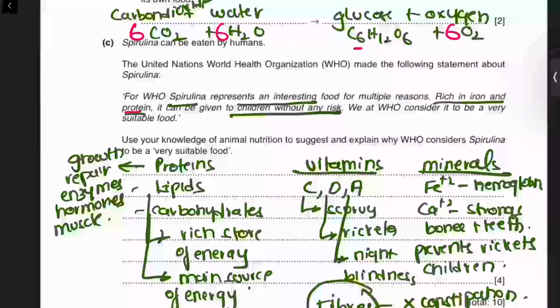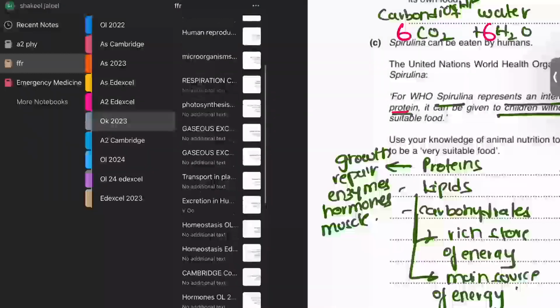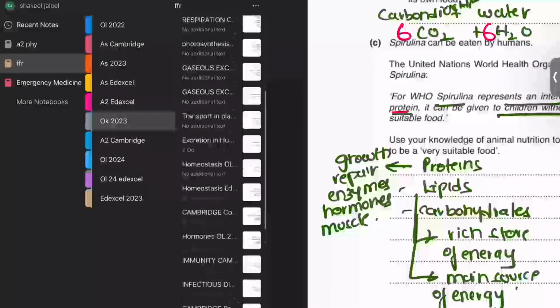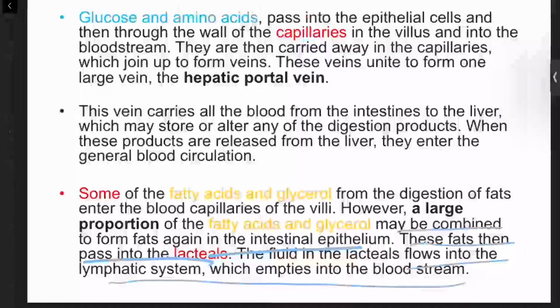Okay, quickly. You're done, right? So go home, read this part of the chapter, human nutrition. The part about biological molecules and the balanced diet. Read the tute, everything is there. Here, it's all there in this tute.